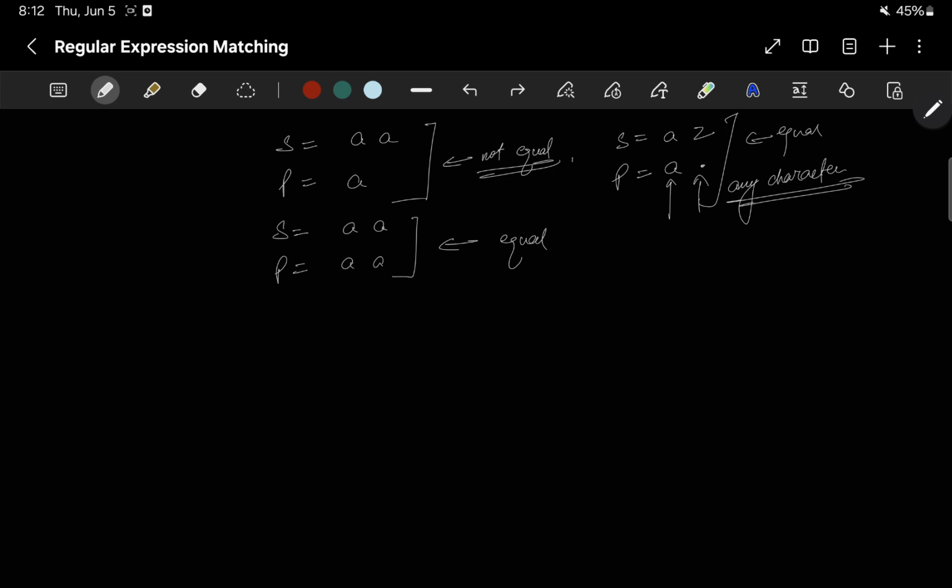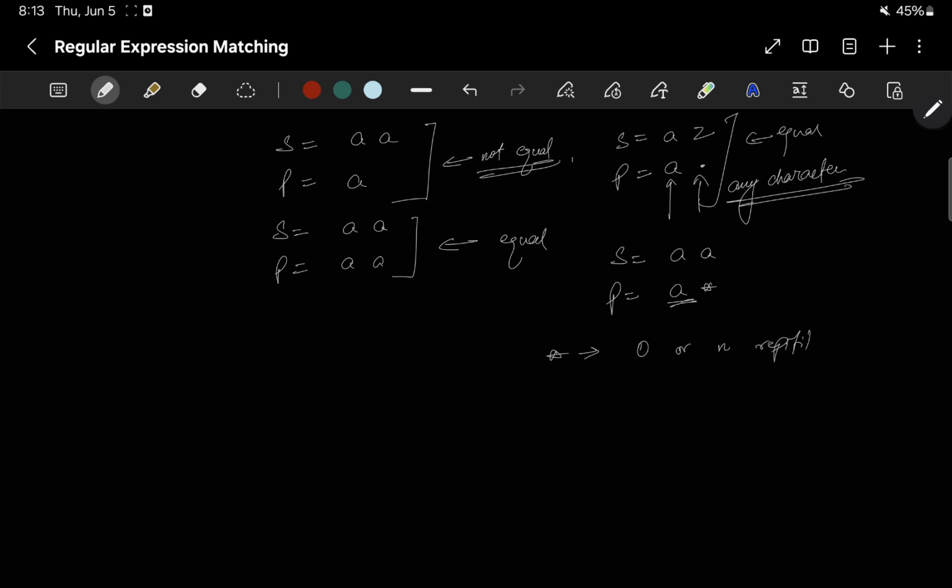Now there is another thing called wildcard. Again S is AA and P is, let's say, A star. Star means the character before which star is written can be repeated 0 or n times.